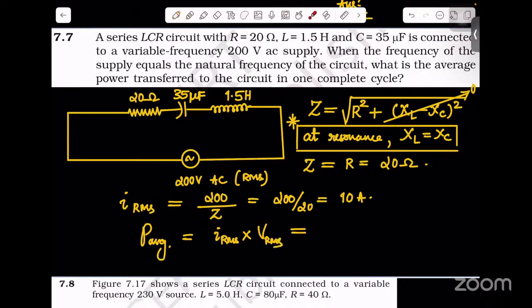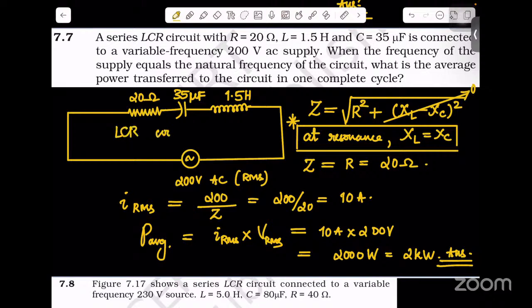Average power over one complete cycle, that is the net power only, okay? Which is 10 amperes times 200 volts, which is 2000 watt or 2 kilowatts, okay?